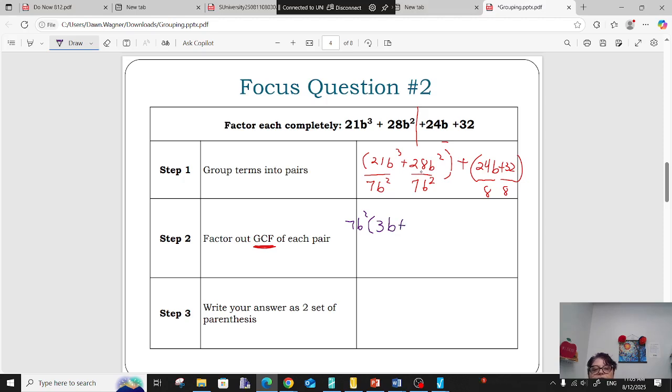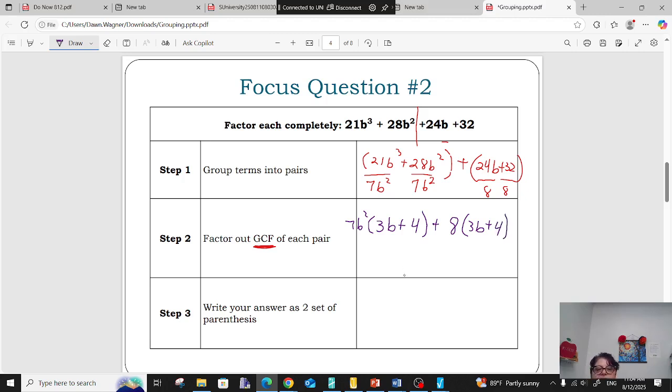Plus 28 divided by 7 is 4, and b squared over b squared is just 1. Now I'm factoring out the 8. What's 24 divided by 8? And I still have a b, right? Plus, what's 32 divided by 8? 4.